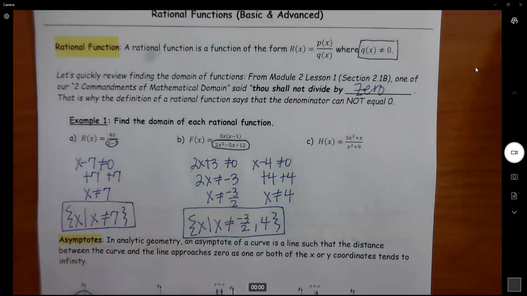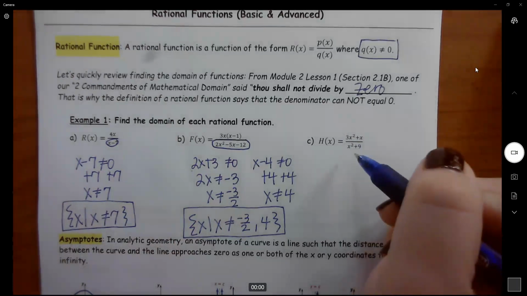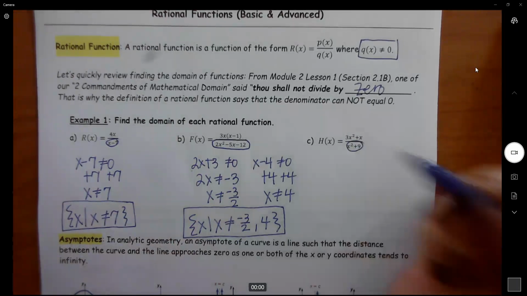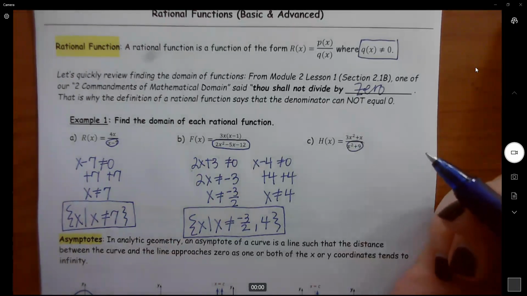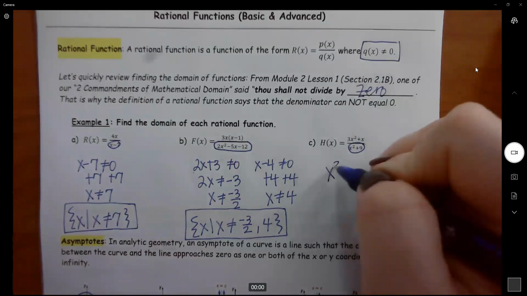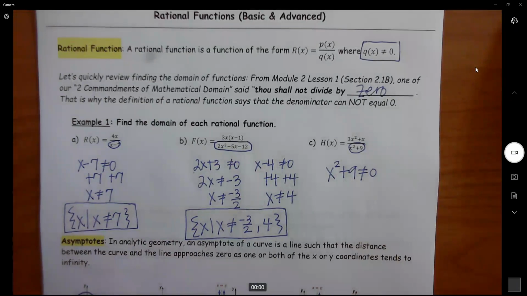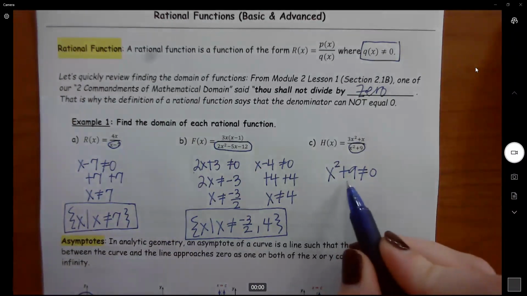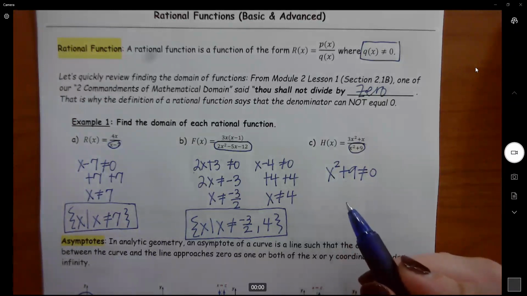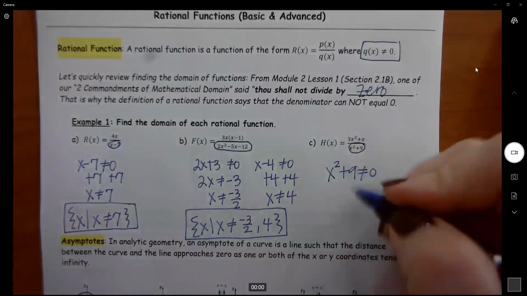On C, same thing. We have a rational function because I have a polynomial divided by another polynomial, and all I care about is that the bottom does not equal 0. So I will set this to not equal 0. You can try factoring this, but because I don't have that middle term, it's easier to use the square root property.